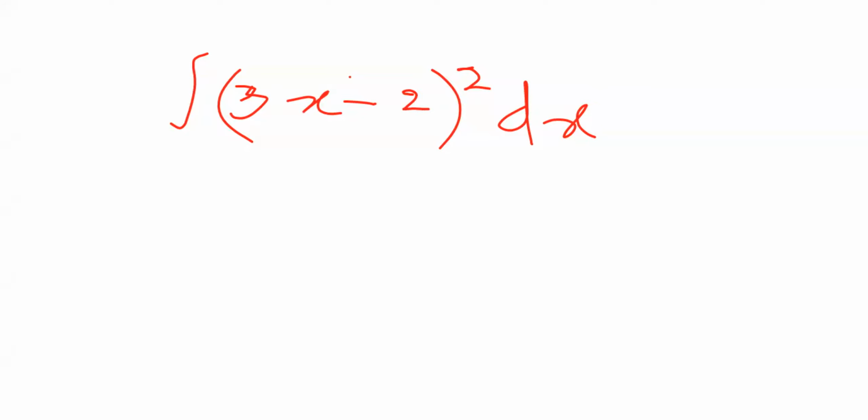I got some. Let me try. I got 3x minus 2 in brackets raised to power 3 over 3 plus 1 over 3 plus k. Okay, this one is 2, Abby.